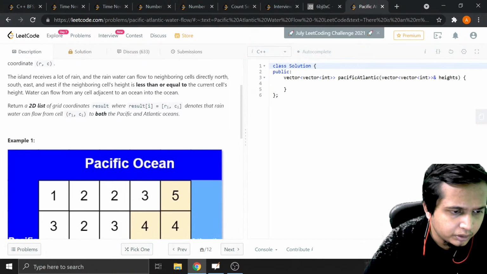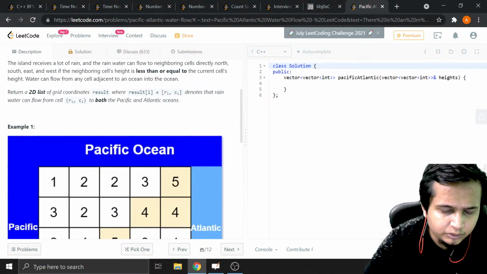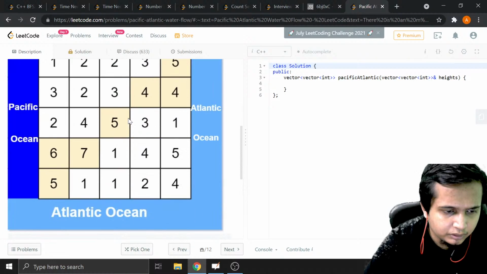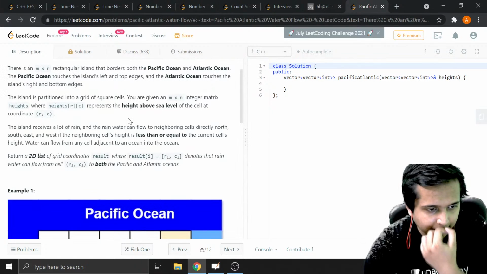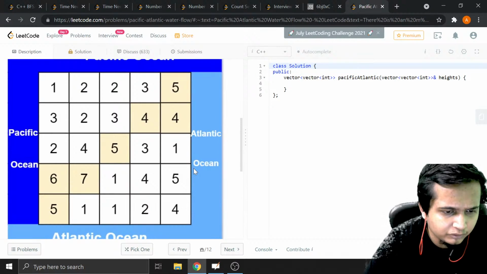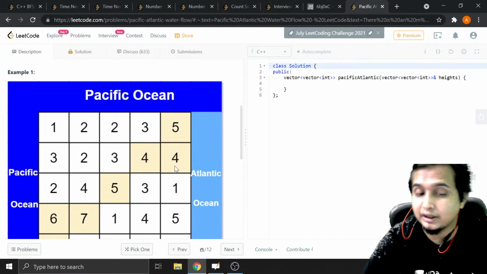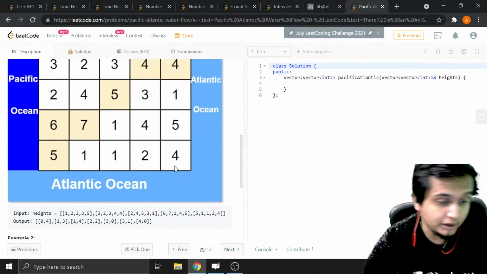So, return a 2D list of grid coordinates result where result[i] equal to [ri, ci] denotes that rainwater can flow from cell (ri, ci). What is this last line meaning? Do you have to return all of those coordinates from which water can reach both the Pacific and Atlantic Ocean?